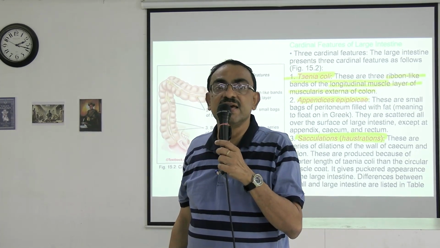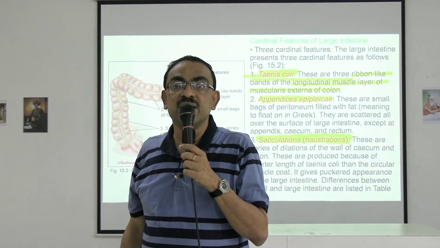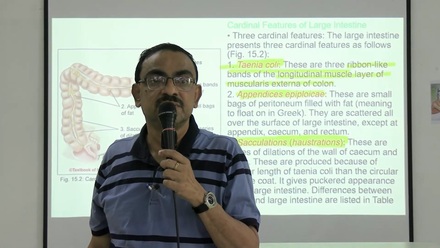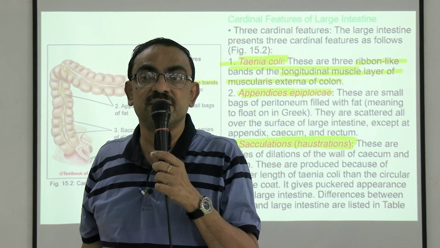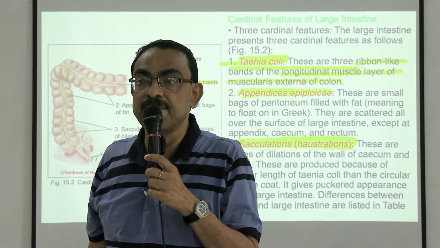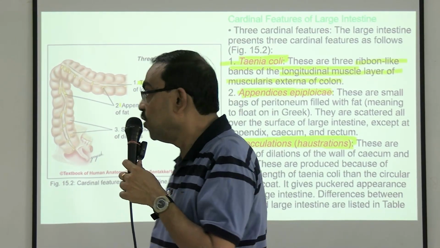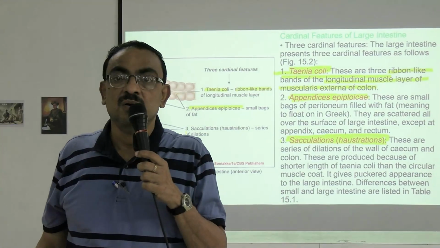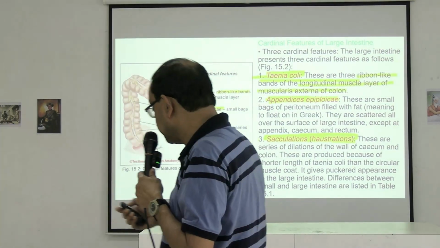There are 3 tenia. One is called tenia libera, next is tenia mesocolica, and tenia omentalis.